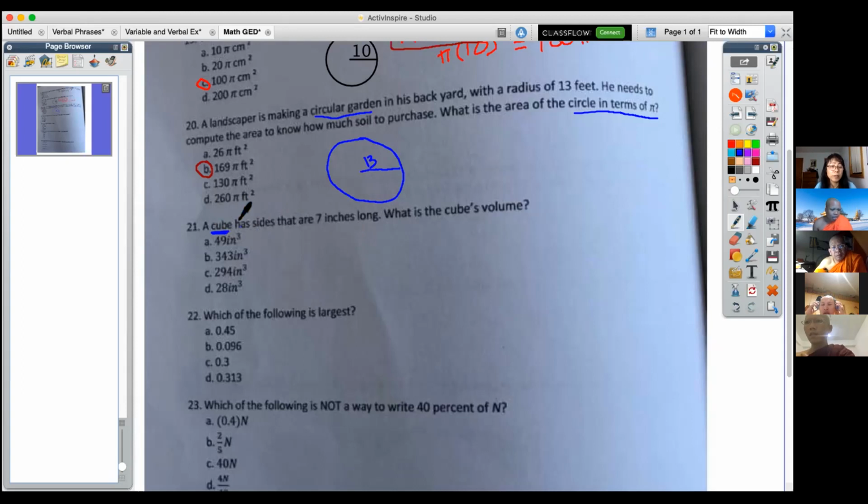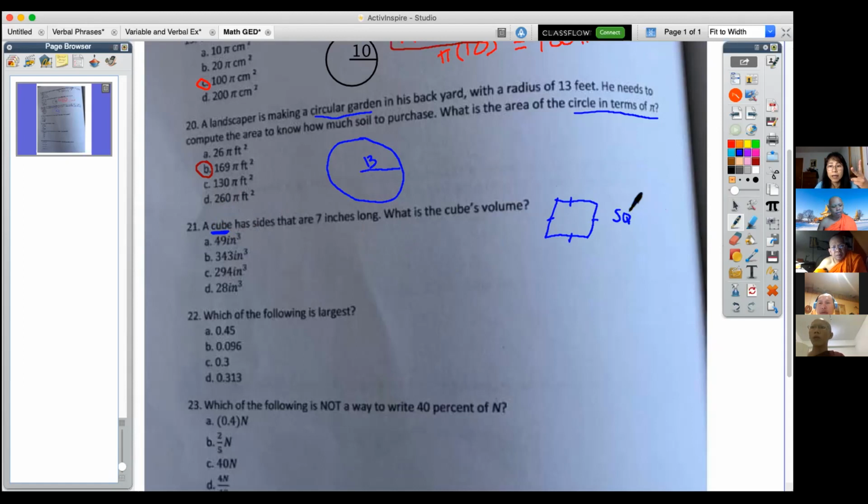Okay, the word cube. What does cube mean? This is what you need to know. In two dimensions, when all sides are equal, we call that a square.